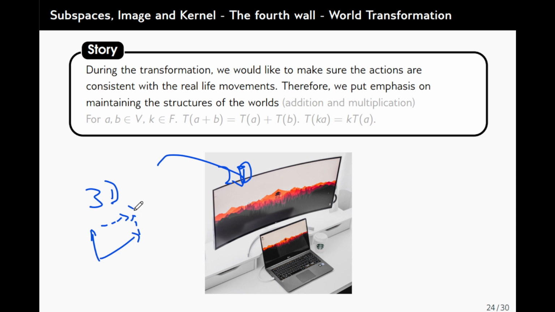You have the vector addition, right? Remember, the vector in the image should be exactly the same, or else your addition does not hold, and then it doesn't make sense. So you want the addition to hold under the transformation, and also the multiplication to hold under the transformation.